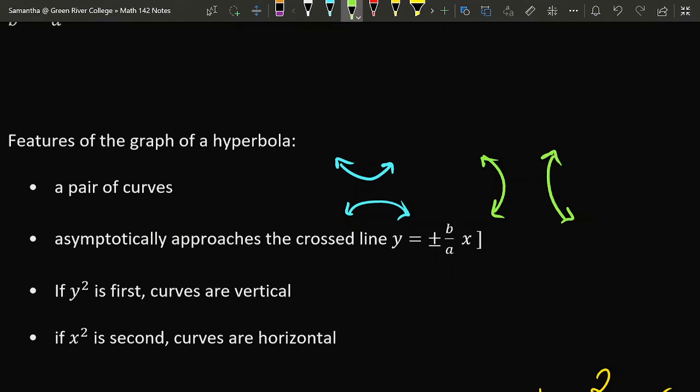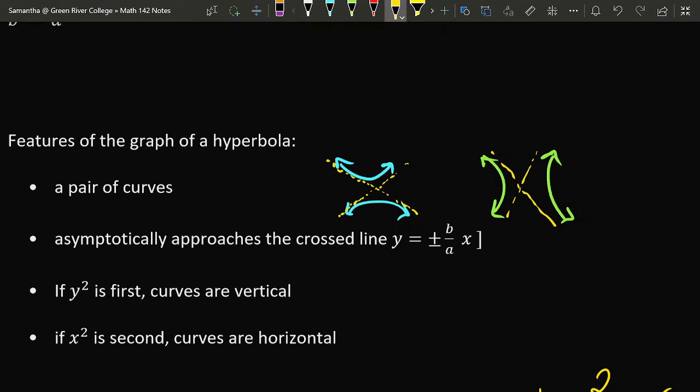Now these curves, as you get further and further away from the origin, approach a pair of crossed lines. Those crossed lines can be squeezed directly in between the two curves in your graph.